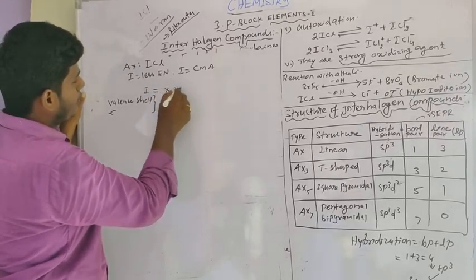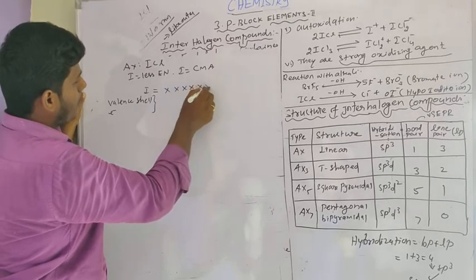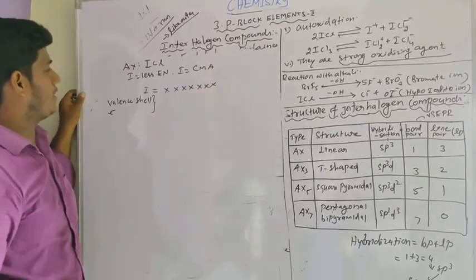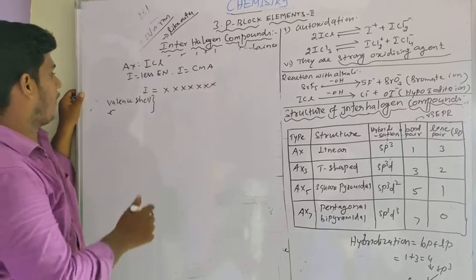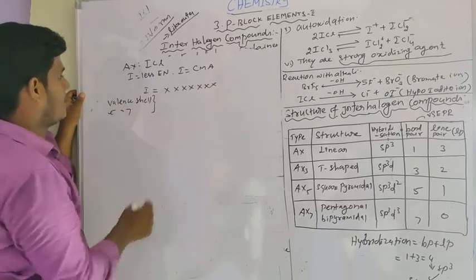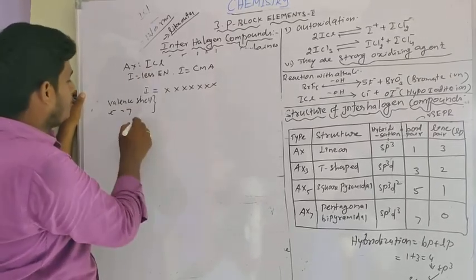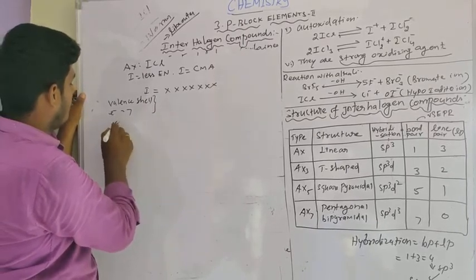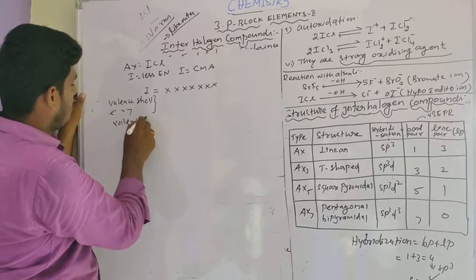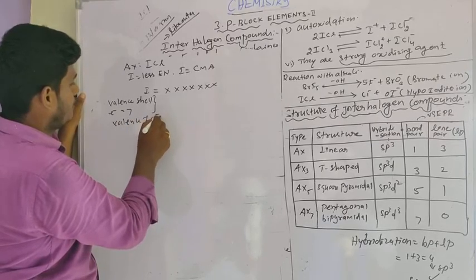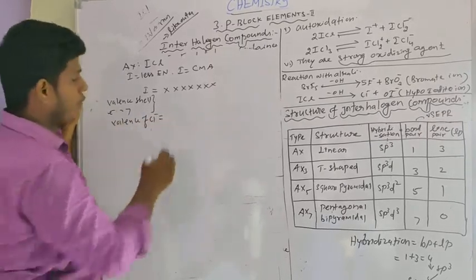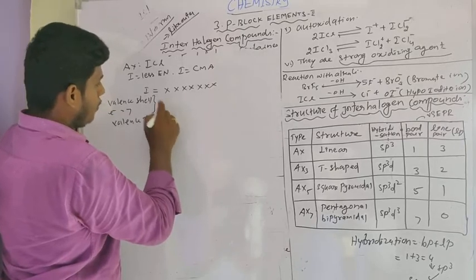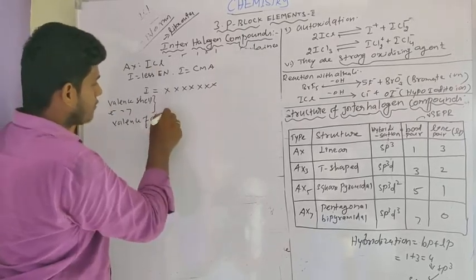So 1, 2, 3, 4, 5, 6, 7 electrons are present in the valence shell of iodine. And then the bonded chlorine, the valency of chlorine is 1. So one chlorine is present, giving 1.